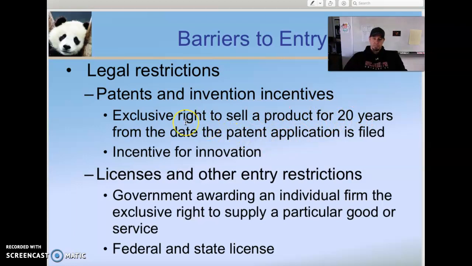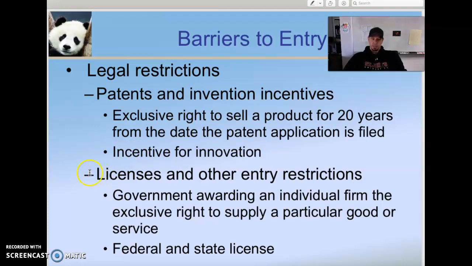So this is that balance between giving some incentive for innovation, the high profit for innovation, but also allowing market forces and competition to take over after a while. You get an incentive that allows you to earn profit for 20 years, and after that you have to face open competition.